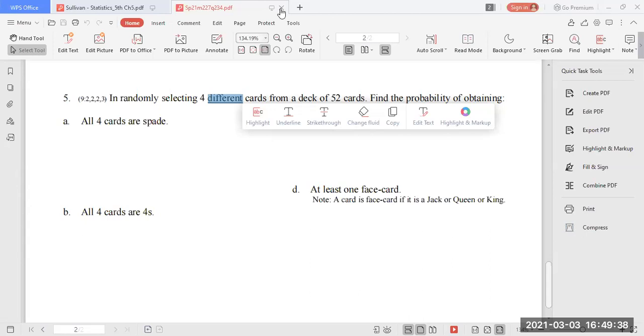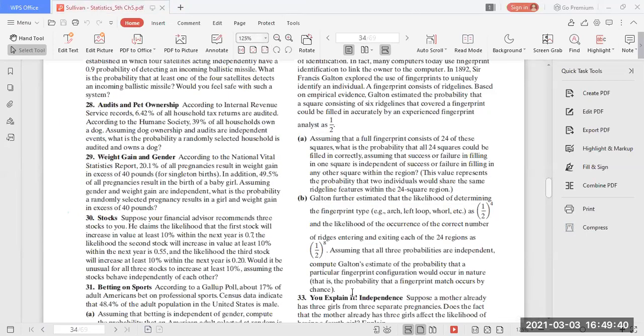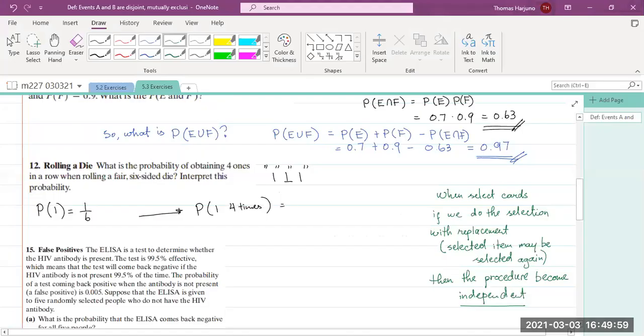When that student asked me, it was a student from another class, my East LA College class, I really didn't want to answer because that person was asking for a very big hint. But at least I know that person is trying to do her homework early, instead of waiting until the last minute. So I said the keyword is different, because if it's different, then you won't get the same card again.